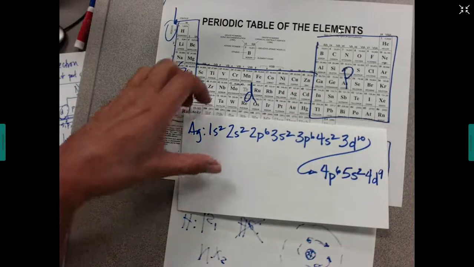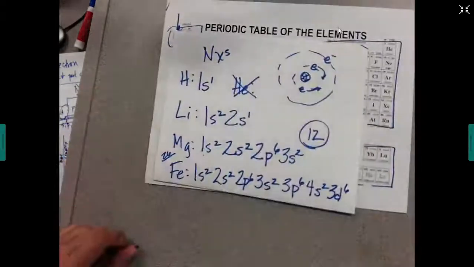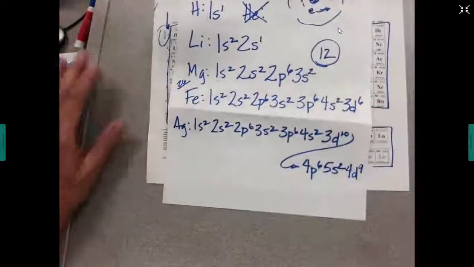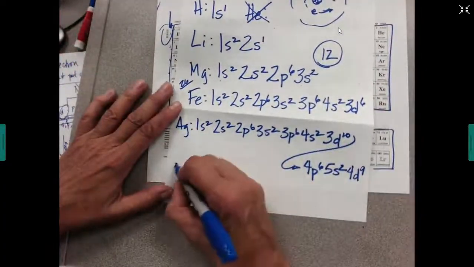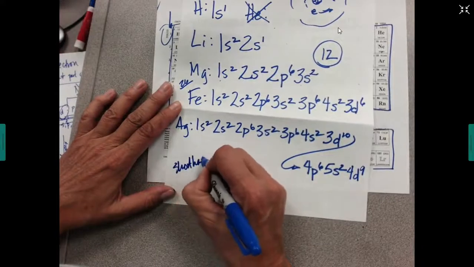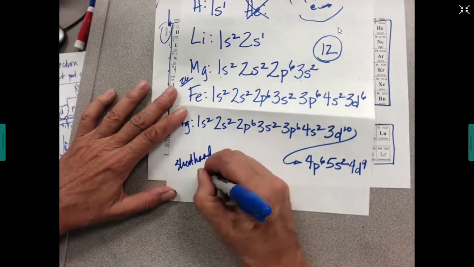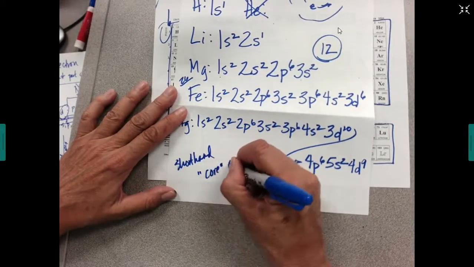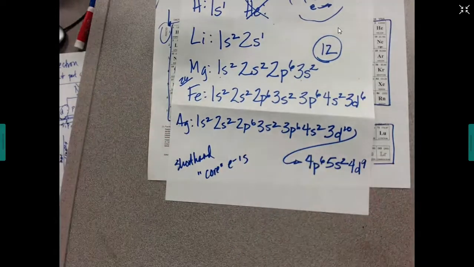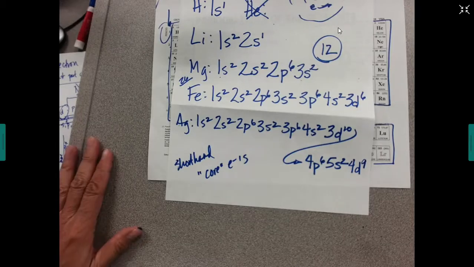All right? There is a shorthand way to abbreviate these electron configurations. Let's look at the shorthand way. Shorthand uses what we call the core electrons. Core electrons means the element that directly precedes whatever element you're writing the electron configuration for, one of the noble gases; that's considered its core electron.